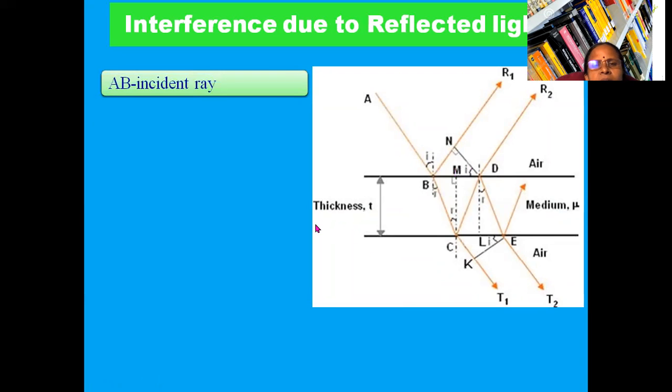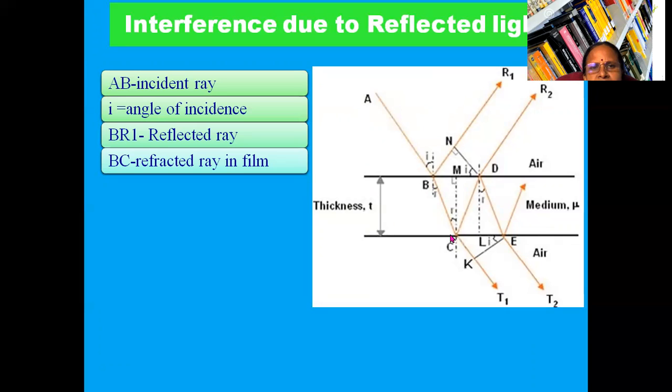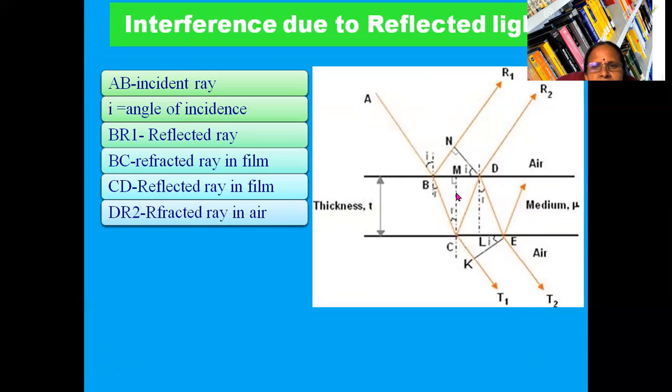Now, as we have seen, AB is the incident ray, I is the angle of incidence, BR1 is the reflected ray, BC the refracted ray in the thin film, CD the reflected ray in the thin film itself, and DR2, this is the second refracted ray which is interfering with this BR1.